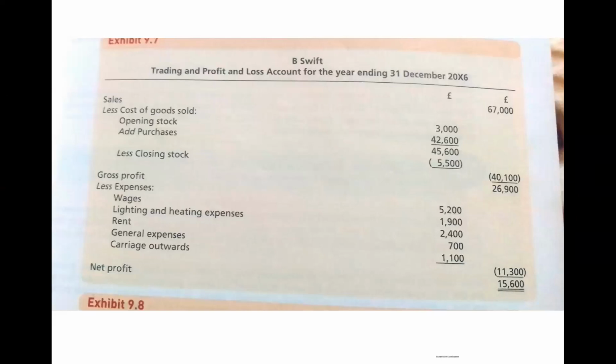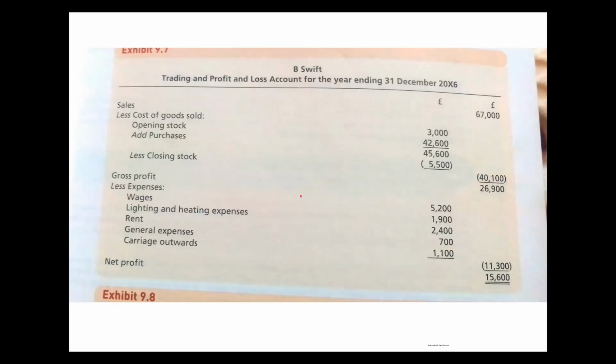We are adding features. Let's add another element now. You have already seen that we start with the sales always. If you have sales return or returns inward, you should subtract them from the sales. But if you don't have them, you can go direct to the cost of goods.